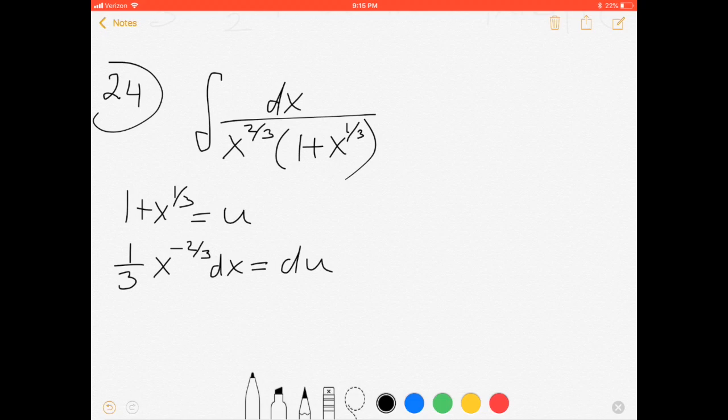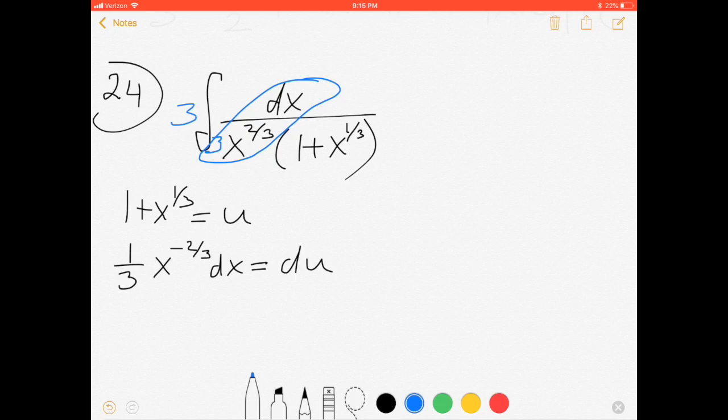We need dx divided by x to the power 2/3, and we have exactly this part, but we need the 1/3 here, so I need a 3 there and I write 3 here.